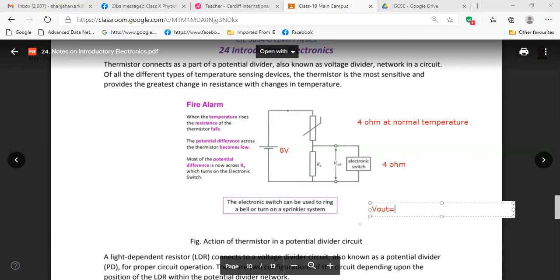How 12? You are using that formula: V out equals V in multiplied by R2 divided by R1 plus R2. So how is it coming? Are you writing properly in the calculator?